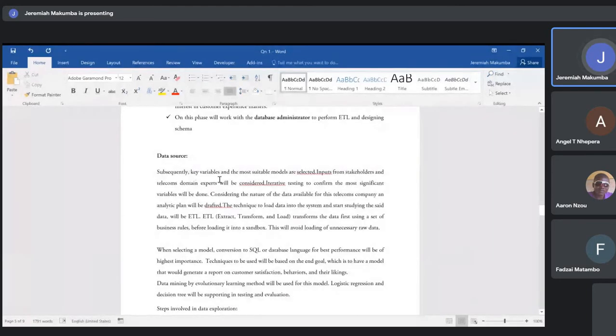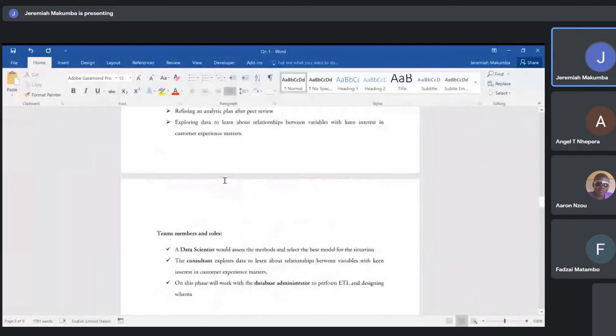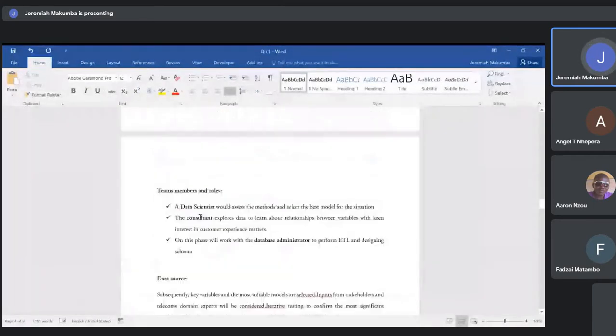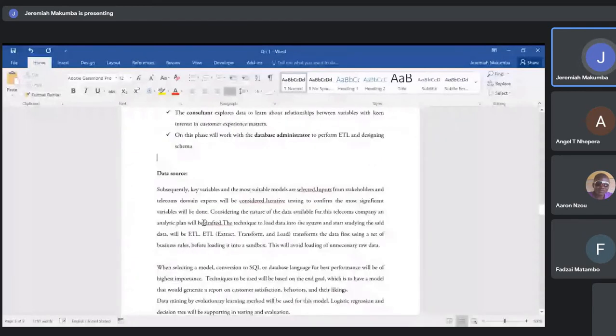Then we come to data sources for phase 3, which is model planning. The sources of the data are identified, and subsequently key variables and the most suitable models are selected. Inputs from stakeholders and telecom domain experts will be considered. Iterative testing to confirm the most significant variables will be done, considering the nature of the data available for telecoms, right?